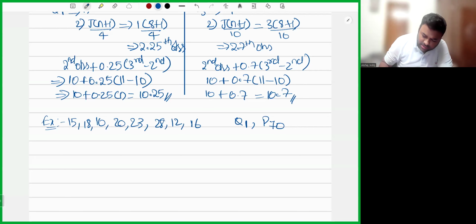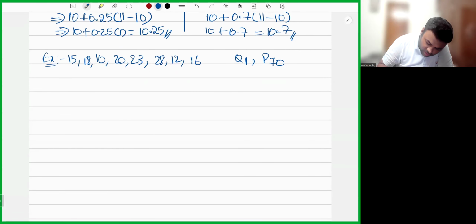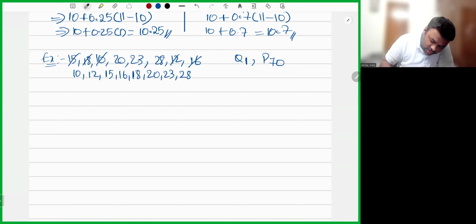So let's solve this. Arranged in ascending order: 10, 12, 15, 16, 18, 20, 23, 28. First step, ascending order, is done.